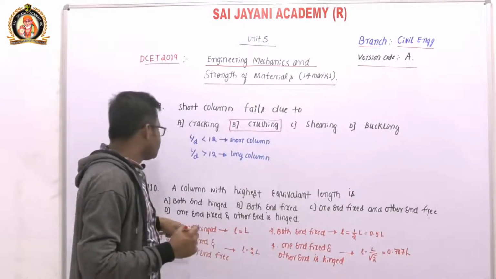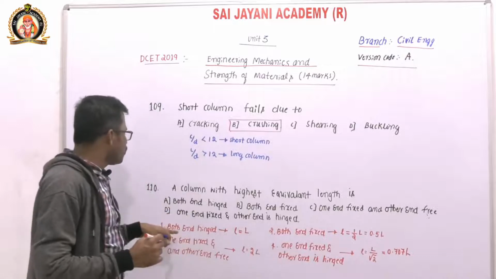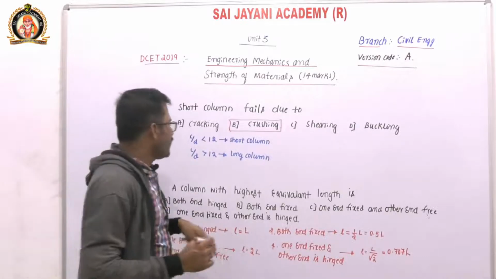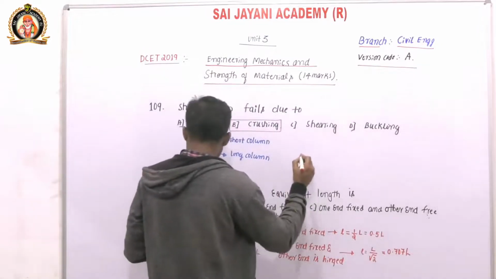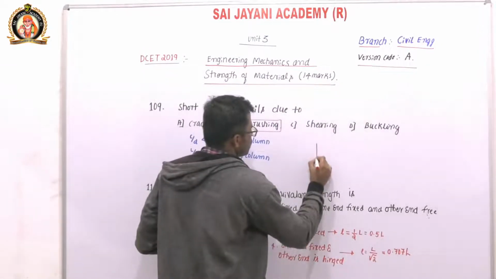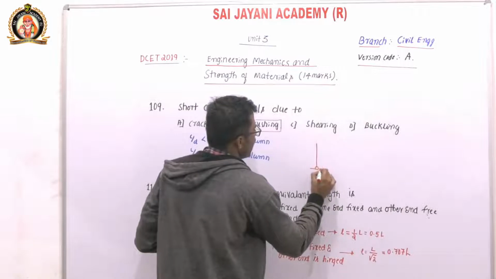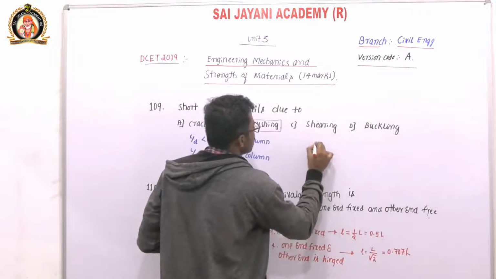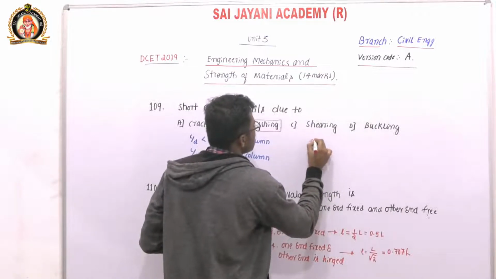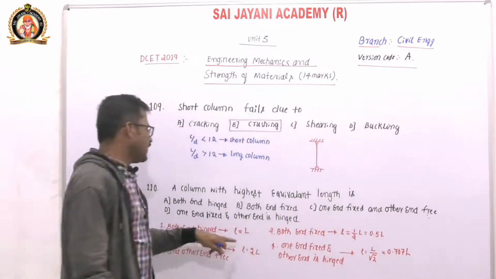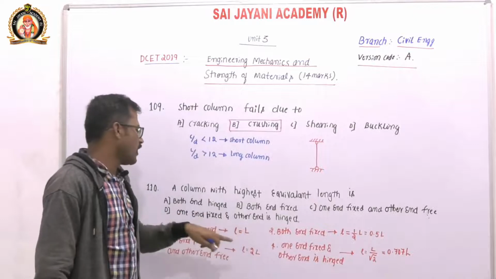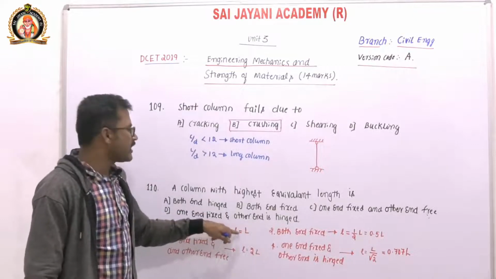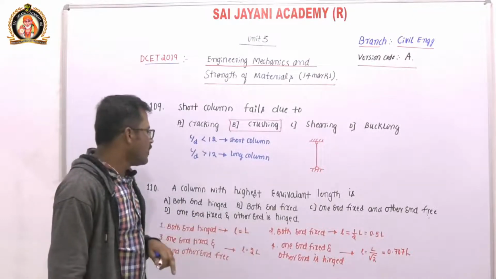We know that for a column with both ends hinged, effective length L is equal to the length of the column.